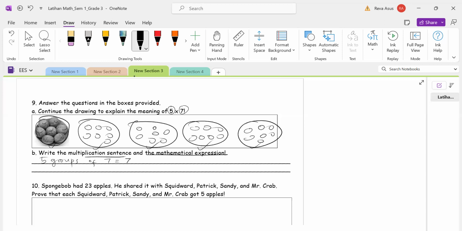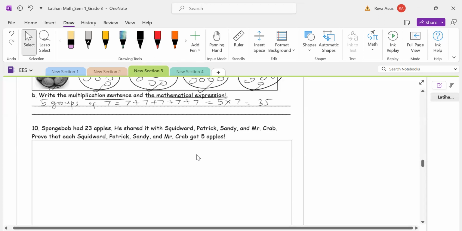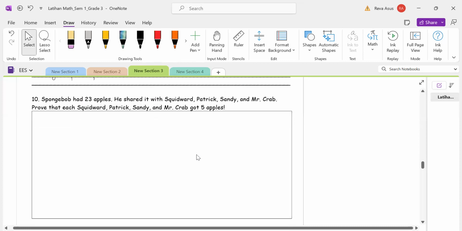So it is 7 plus the second group contains 7. The third group contains 7 plus the fourth group contains 7. The fifth group contains 7. It is the same as 5 times 7, which is 35. That's it.